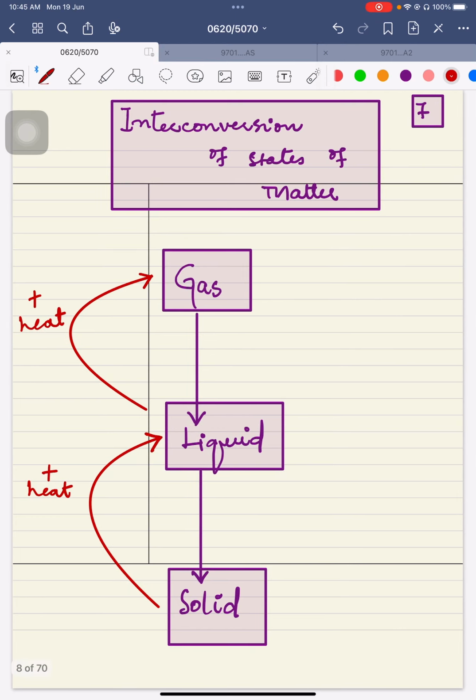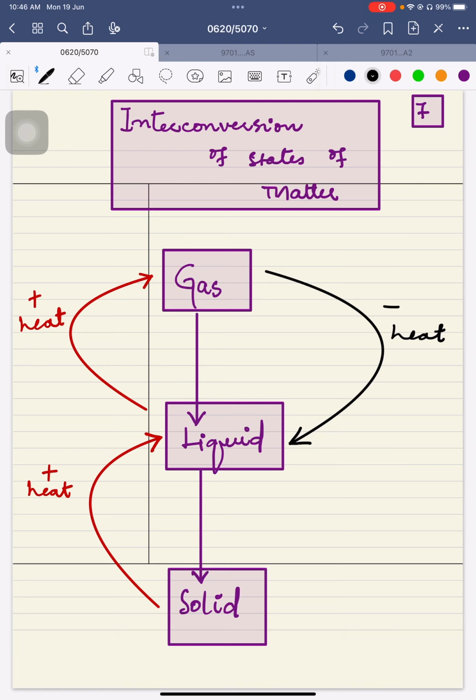Okay, now I am writing with the black. Minus heat, so heat is removed, heat is subtracted, a gas will be changed into the liquid. And minus heat, a liquid will be changed into the solid. Okay, so till this level we have discussed this whole thing.